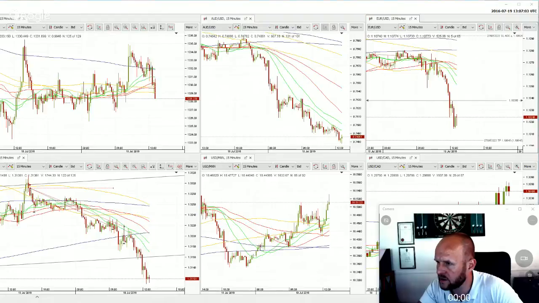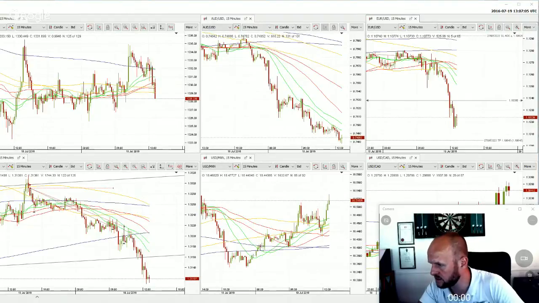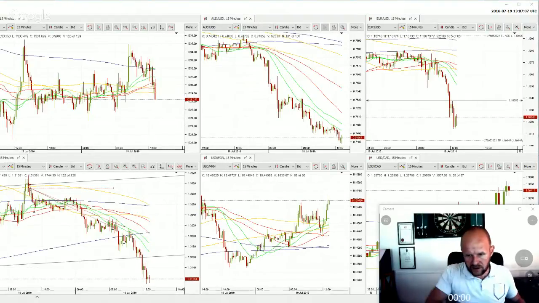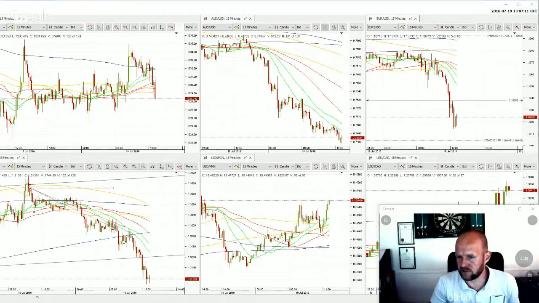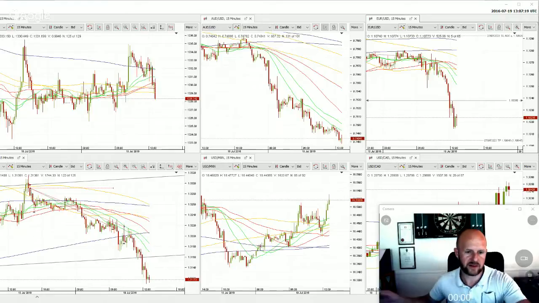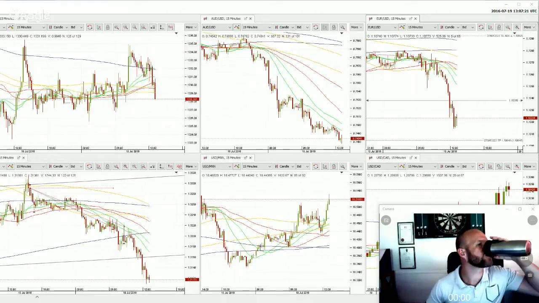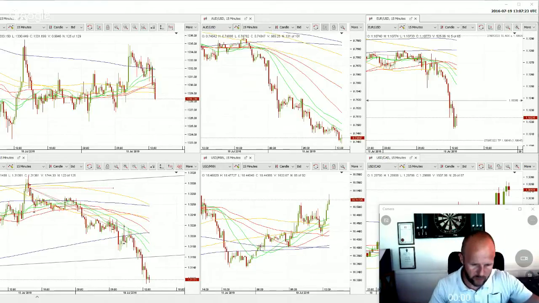Okay, I'll stop with all these things and I will share the option levels on TradingView.